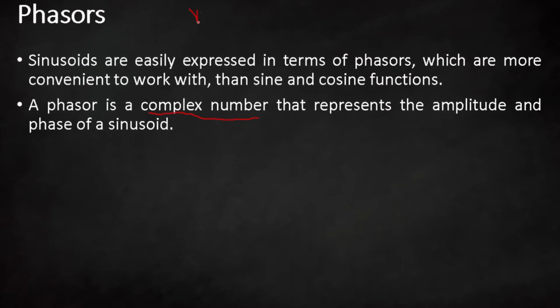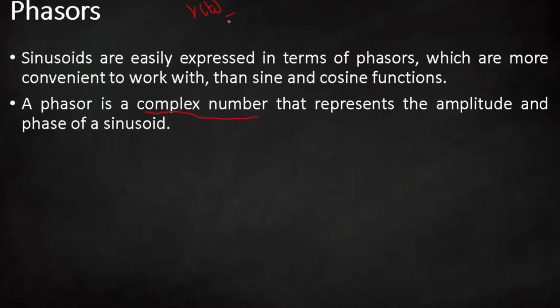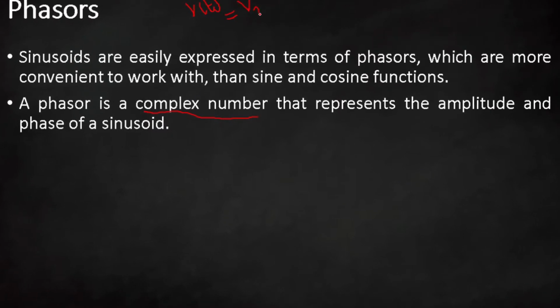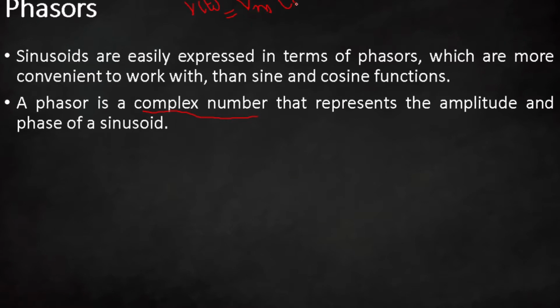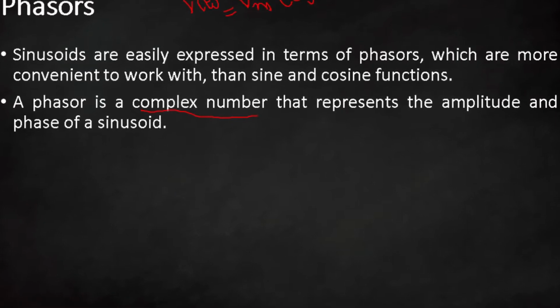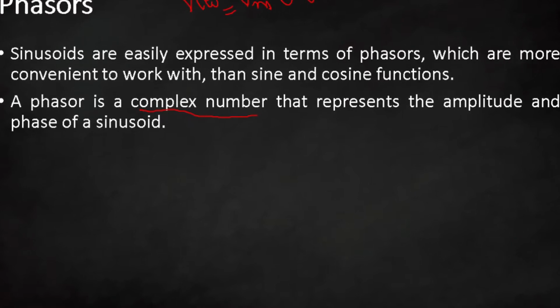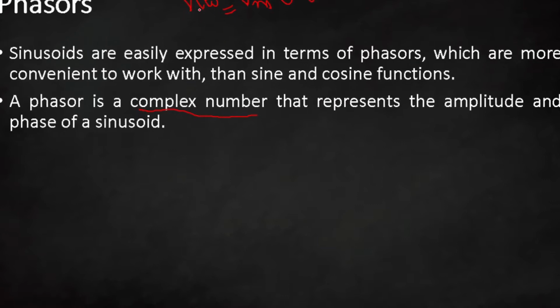Let's say a voltage signal is given by V of t is equal to Vm cos(omega t plus phi). Okay, so one voltage signal is given by V of t is equal to Vm cos(omega t plus phi), and we want to find a phasor for this sinusoid.